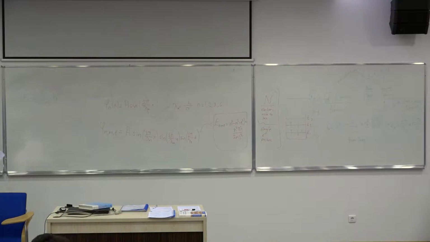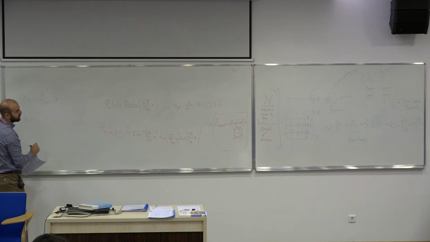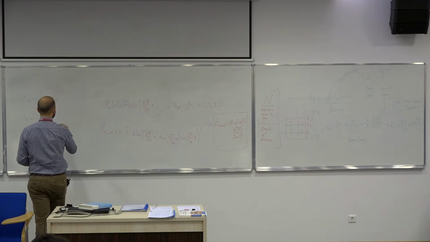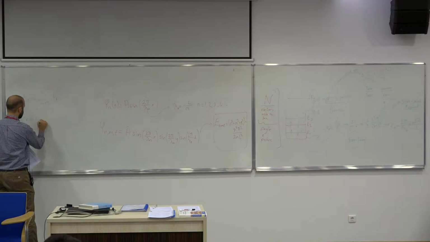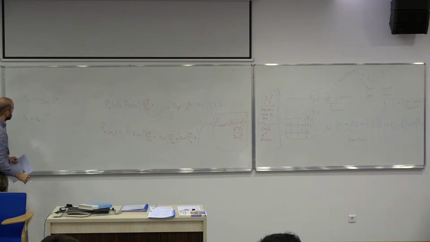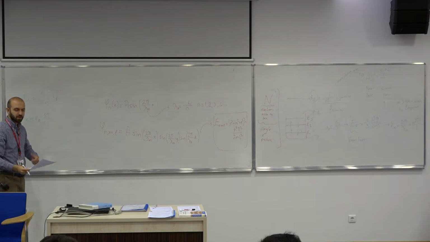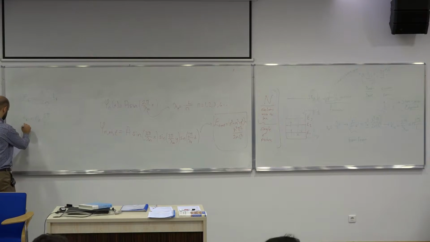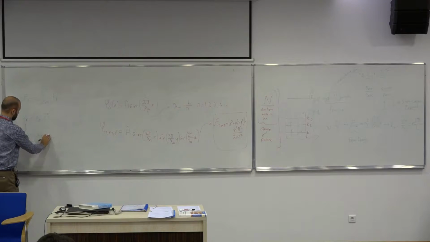Okay? Now, kf here is obviously defined as nf 2 pi over L. So I'm just playing around with the definitions. And this is sometimes referred to as the Fermi wave vector.